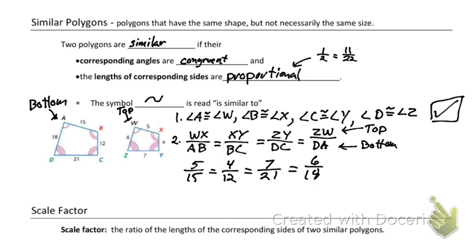So that means you're just going to simplify them. Are you going to reduce those fractions? Well, 5 over 15, you can divide 5 by 5, and you can divide 15 by 5, so we can reduce that to being 1 over 3. 4 over 12 simplifies to 1 over 3. 7 over 21 simplifies to 1 over 3. And finally, 6 over 18 simplifies to 1 over 3.